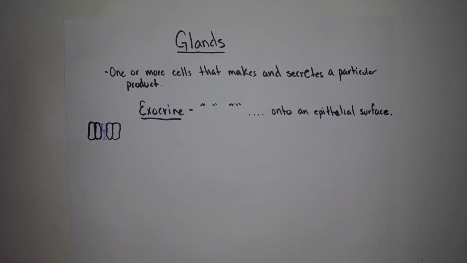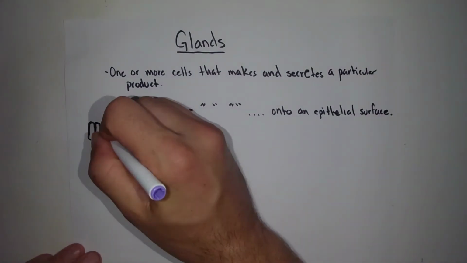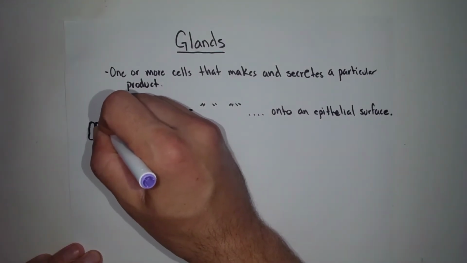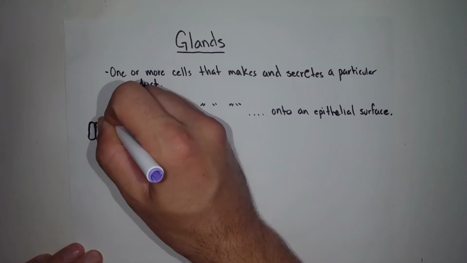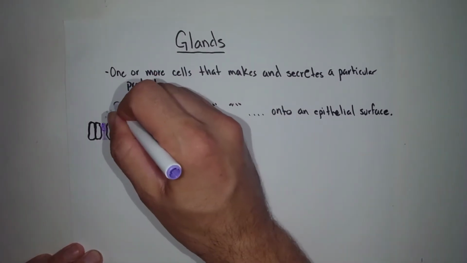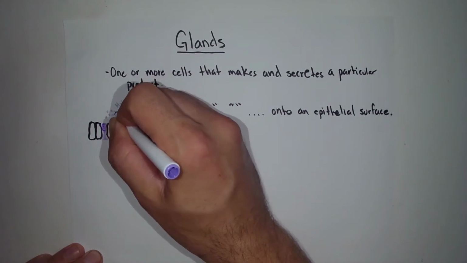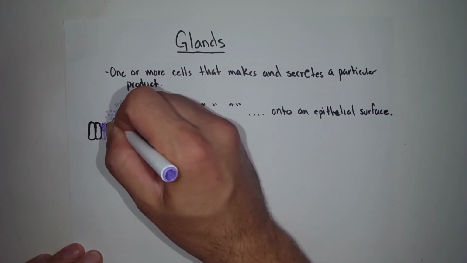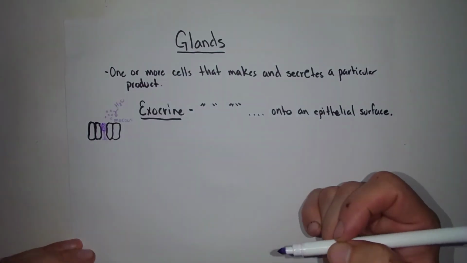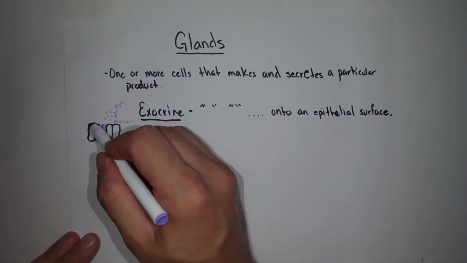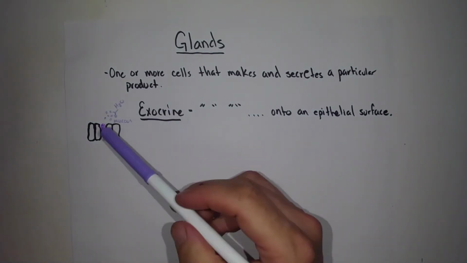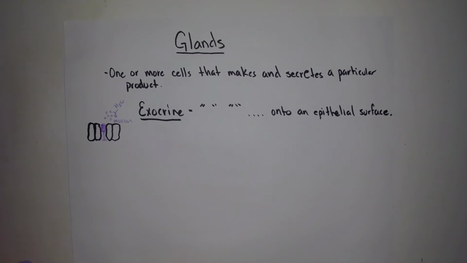And they fill with product, and they secrete this product, this mucin, that combines with water to form mucus. But really, they're secreting these products onto an epithelial surface. But there is no duct there that they're secreting through.